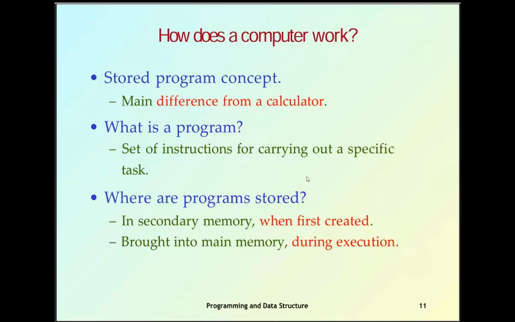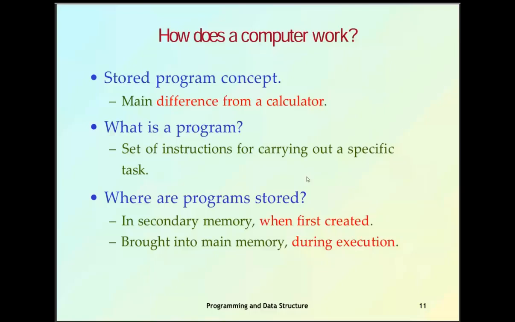Once we have added those numbers, another instruction could be to divide the result by the number of elements. This could be another instruction to obtain the specific task, which is nothing but computing the average. So a program is nothing but a set of instructions for carrying out a specific task.